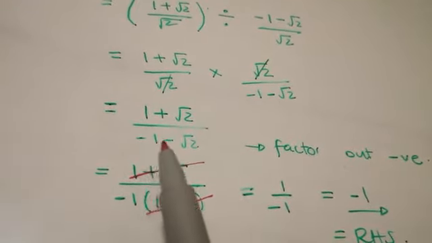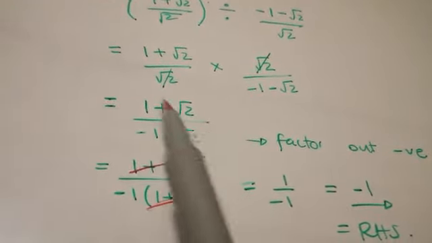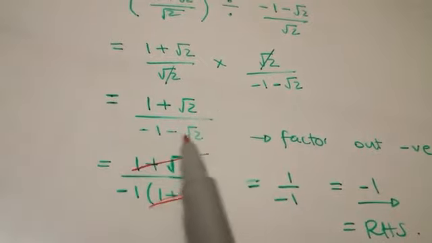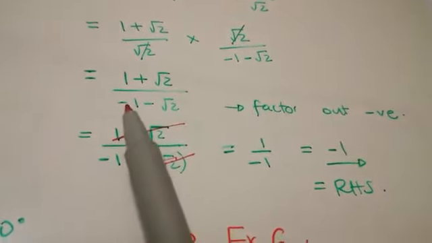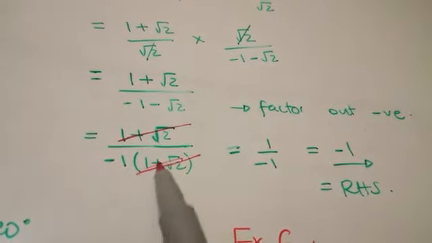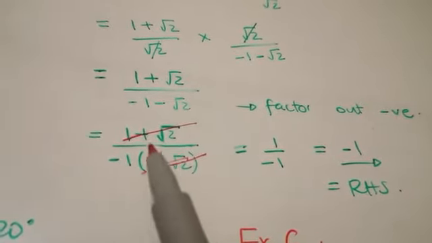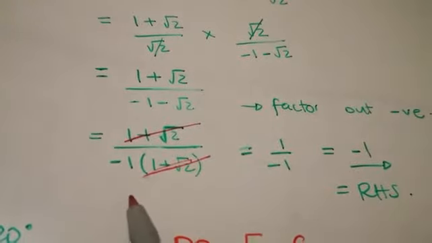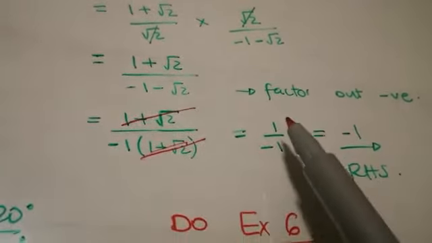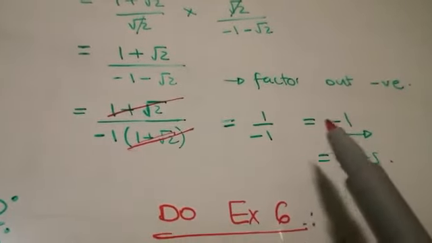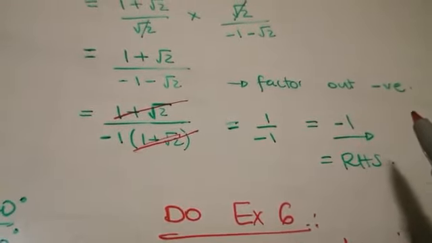Now if you notice, you can factor out negative 1 at the bottom. When you factor out, this one becomes positive, this one becomes positive. Then now the top is the same as the bottom, so I can cancel out and remain with 1 over negative 1, which gives me negative 1.